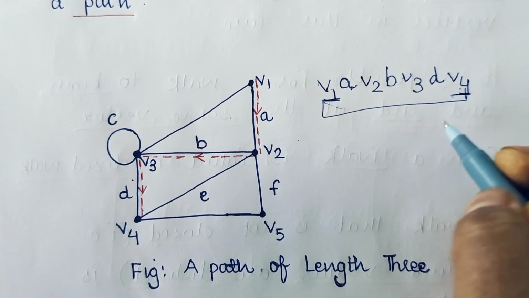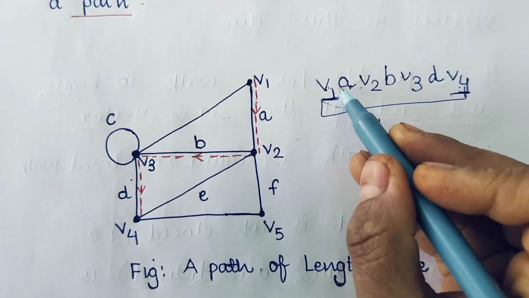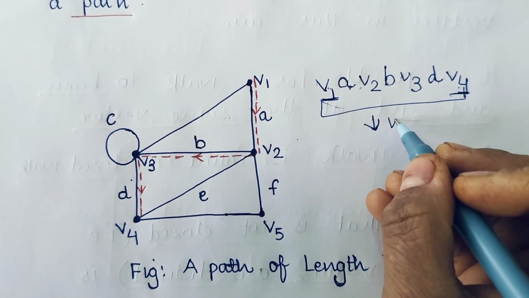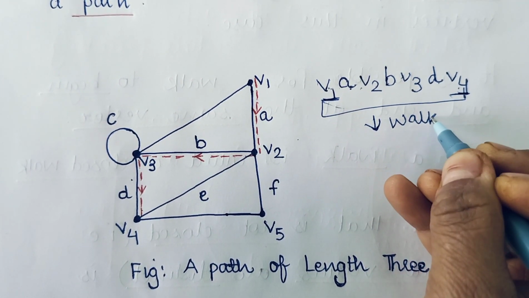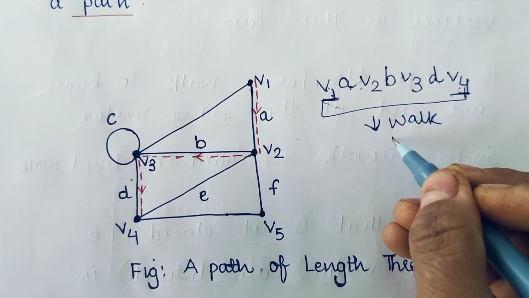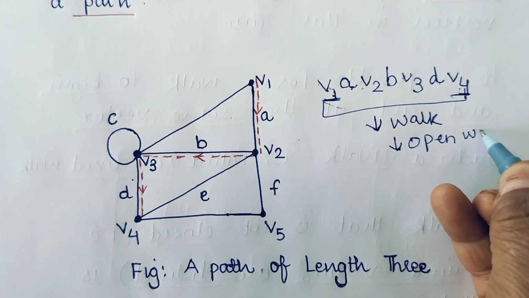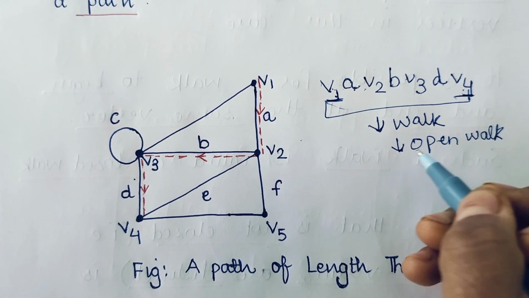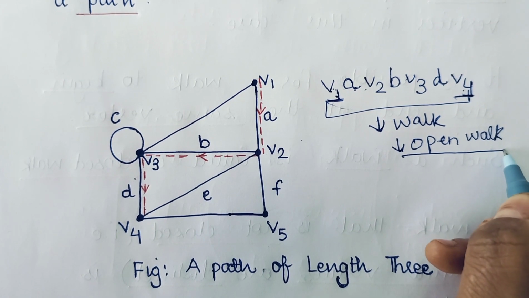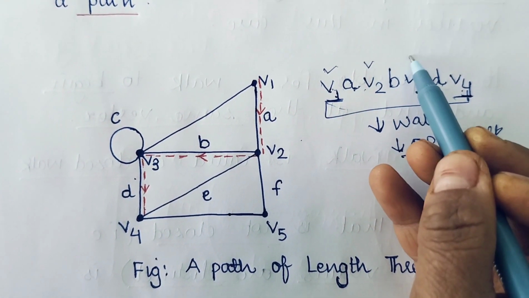Since this is an alternating sequence of vertices and edges where no edge is repeated, I can call it a walk. Then I can see that the terminal vertices, V1 and V4, are not the same, so it is an open walk. Now, as per the rule, any such open walk in which no vertices are repeated is a path. Let's see if the vertices are being repeated: V1, V2, V3, V4.